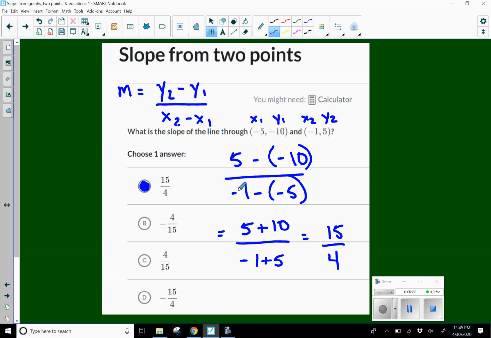And then we've got x2, which is -1, minus x1, which is -5. 5 minus -10, keep change, becomes 5 plus 10, or 15. And -1 minus -5, keep change, becomes -1 plus 5, which is 4. So your slope of your line would be 15 over 4, which means if you were to graph this, it would go up 15 over 4, up 15 over 4.